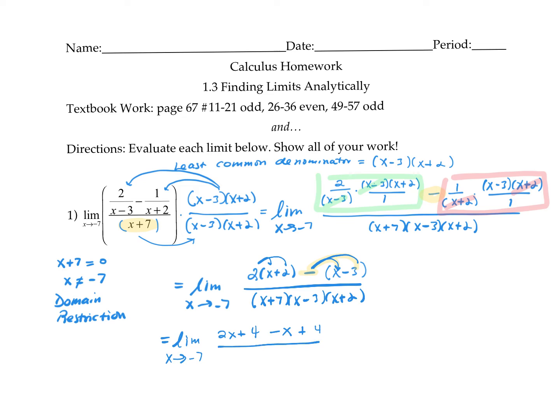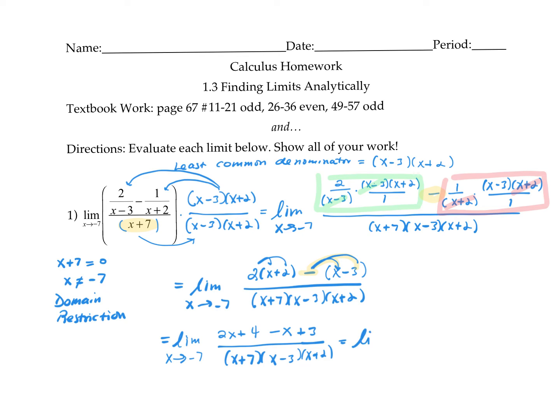All being divided by x plus 7 times x minus 3 times x plus 2.